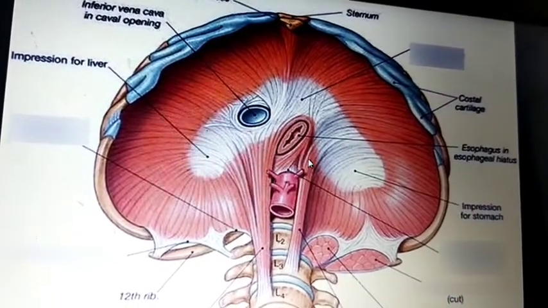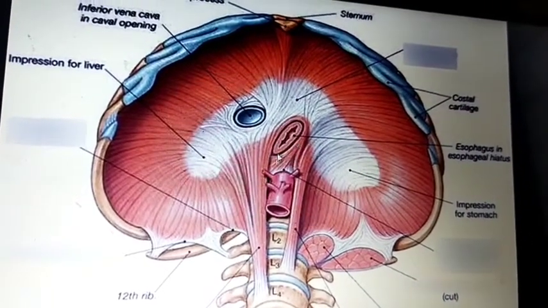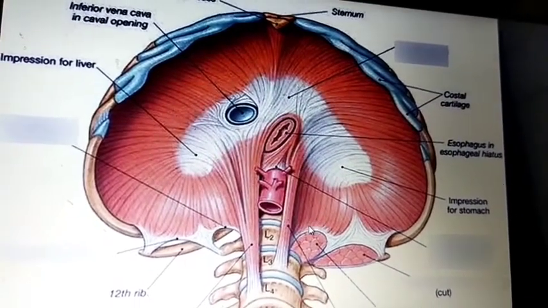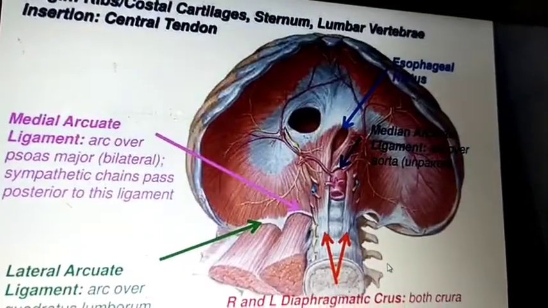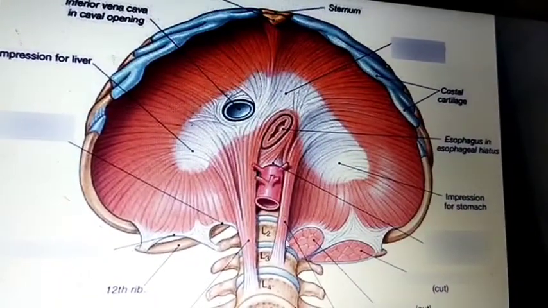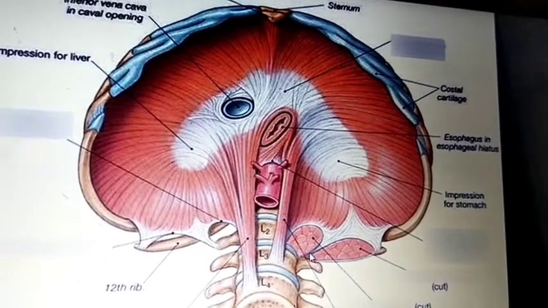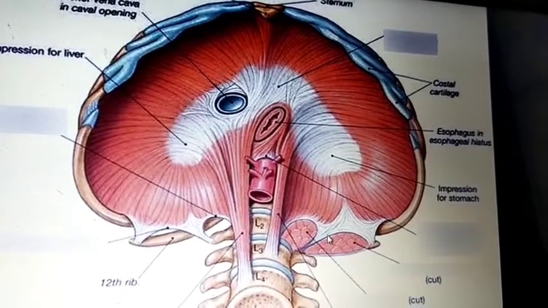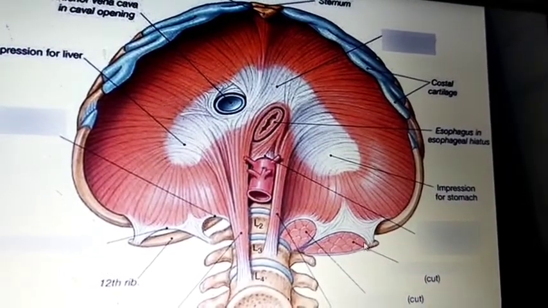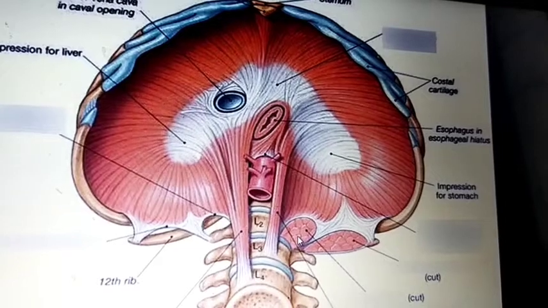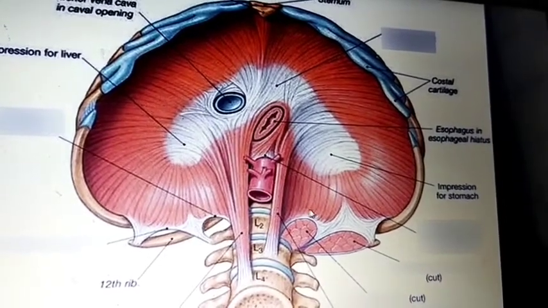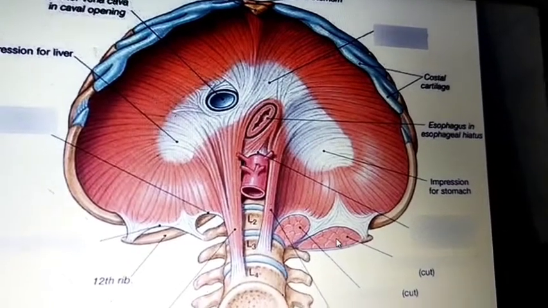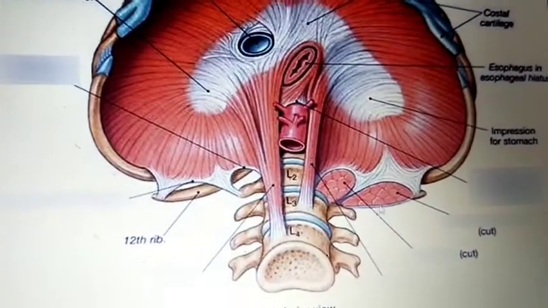In that, this is the left crus and this is the right crus. This is one origin, and this is another one, lumbocostal, meaning it involves lumbar also and costal also. That's why lumbocostal. And this is the medial lumbocostal, and this is the lateral lumbocostal. This medial one is from the psoas major muscle and covers the medial arcuate ligament, and this is the lateral, and lateral is the quadratus lumborum muscle.